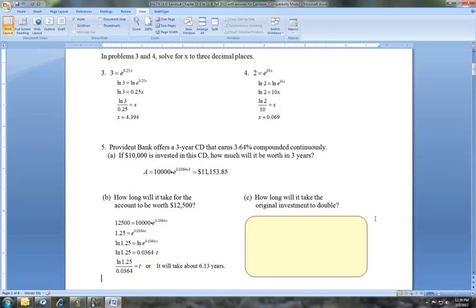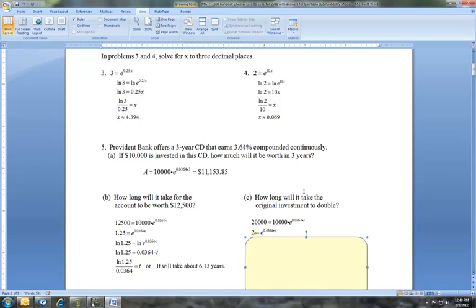C part, how long will it take the original investment to double? Well, the original investment was $10,000. If I'm talking about doubling, that's 20,000. So let's see if we put the values in the appropriate location. So I want it doubled. There's the original investment, interest rate same, because they asked me how long is this going to take.